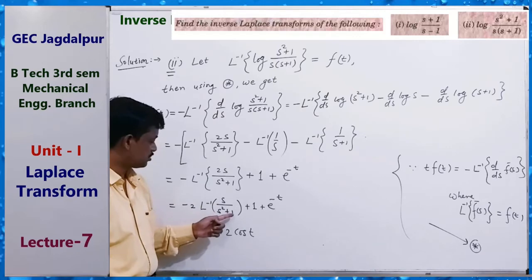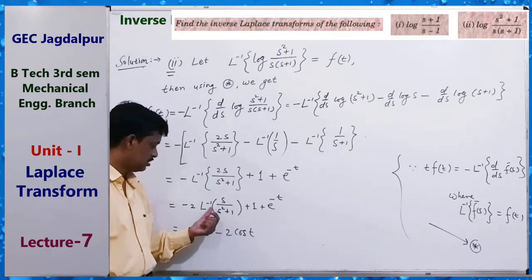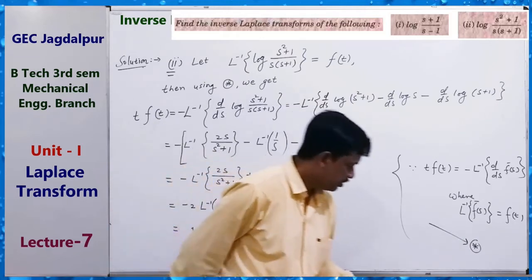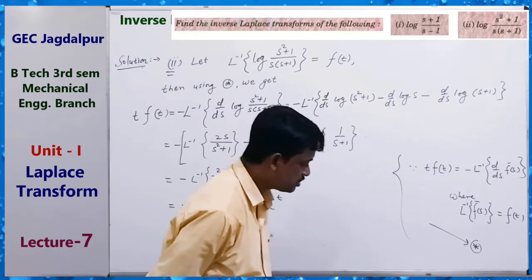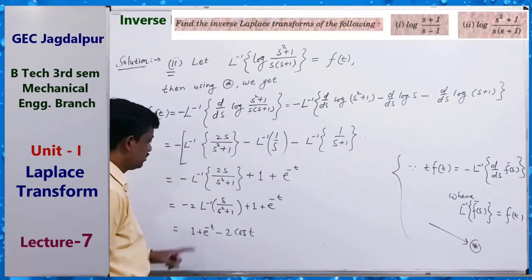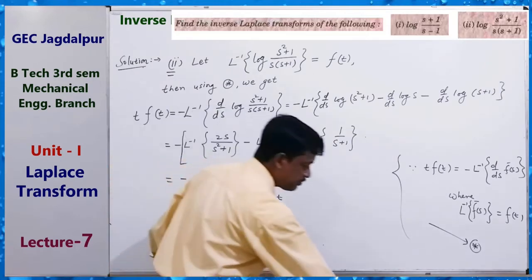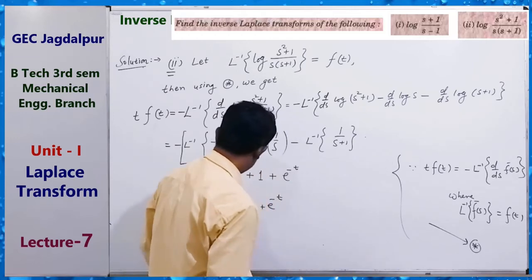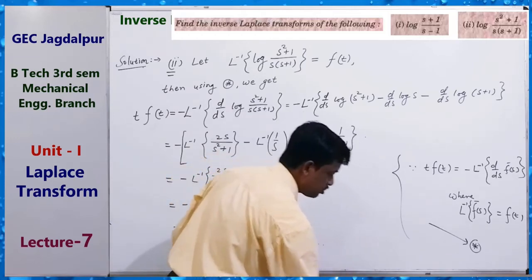Okay, so this is cos t. So we get 1 plus e to the power minus t minus 2 cos t. Clear?